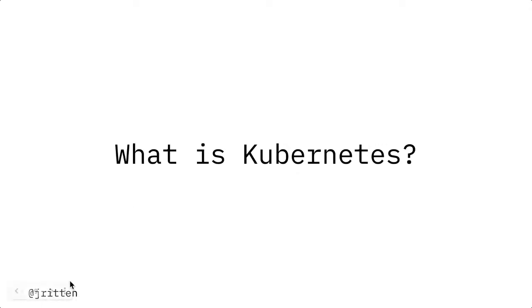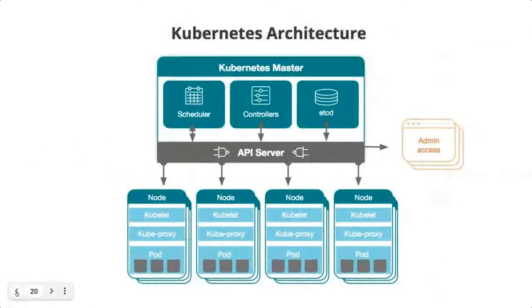So the first thing we're going to talk about when we talk about OpenShift is Kubernetes. What is Kubernetes? Kubernetes is also known as K8. You may have heard that term thrown around. It's an open source system for automating deployment, scaling, and management of containerized applications.